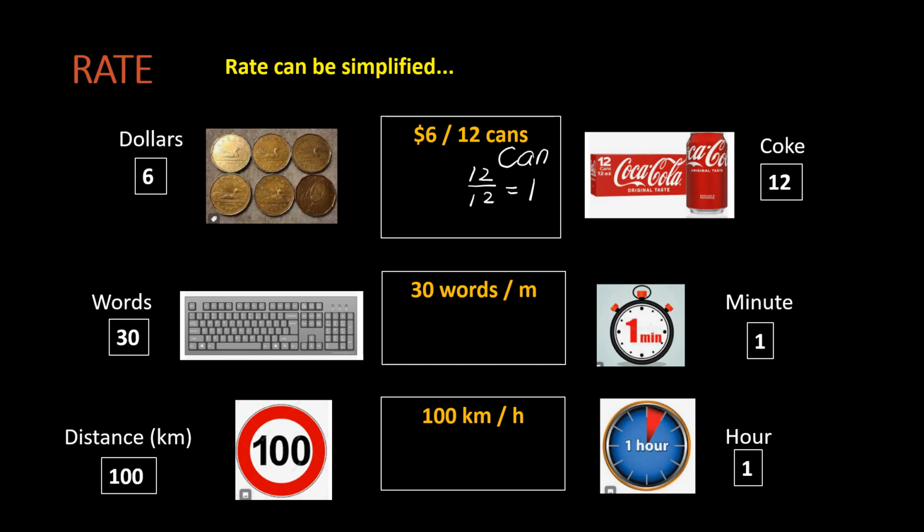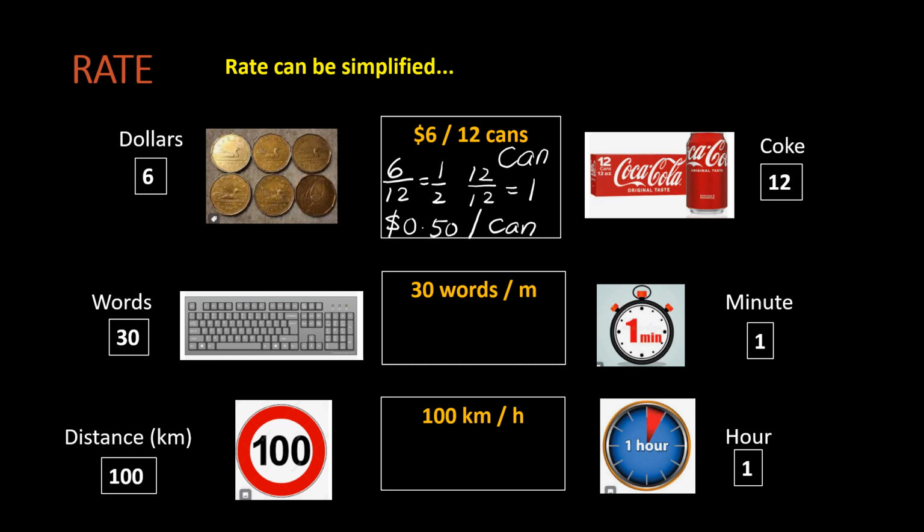So it's per can. If we divide here also by 12, we get 1/2. Now we know 1/2 of a dollar is 50 cents. So it's 50 cents per can.